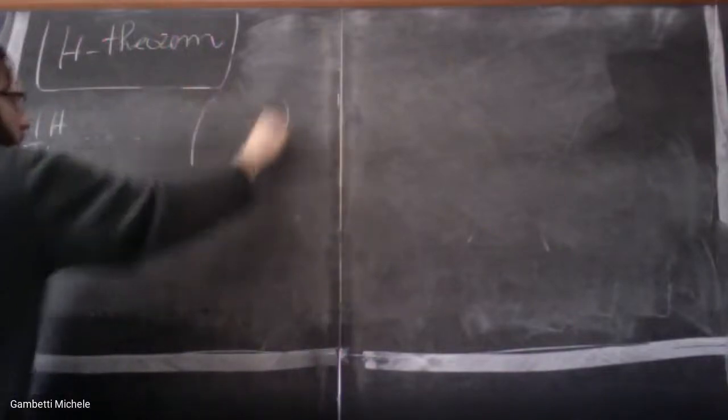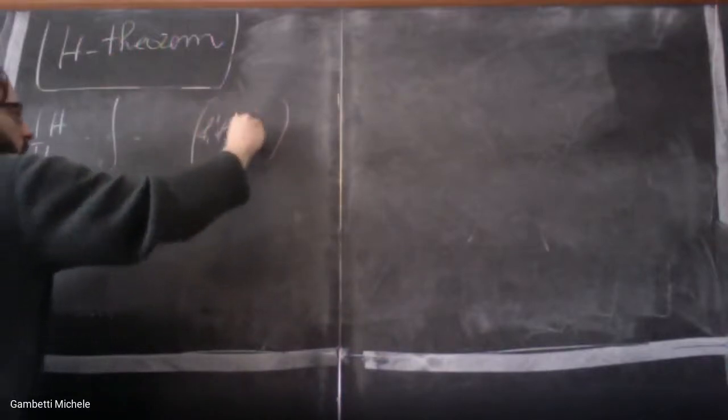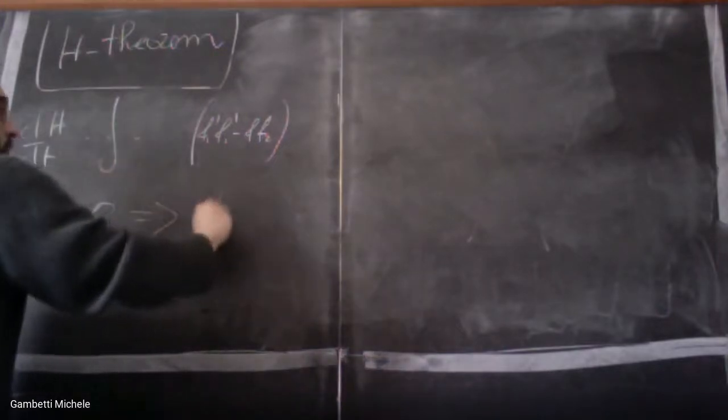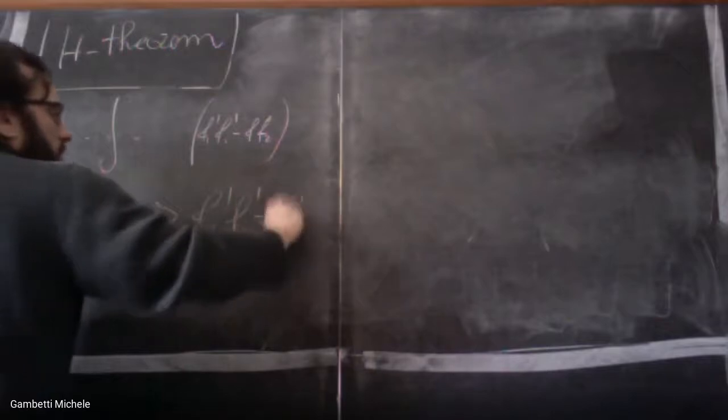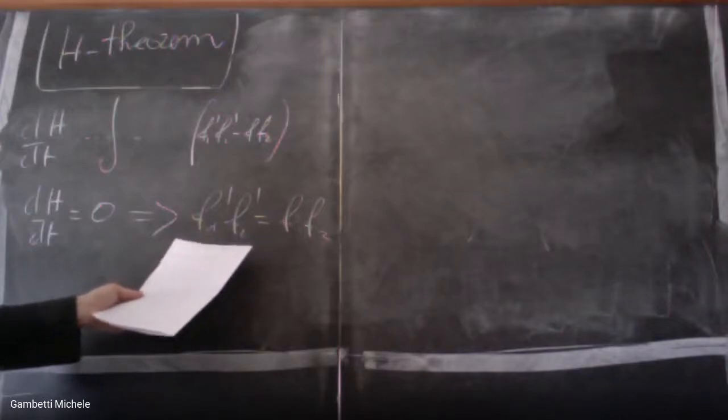And then dh/dt equal to 0 implies again that f1 prime f2 prime is equal to f2, which was the condition for obtaining the stationary solution of the Boltzmann equation.